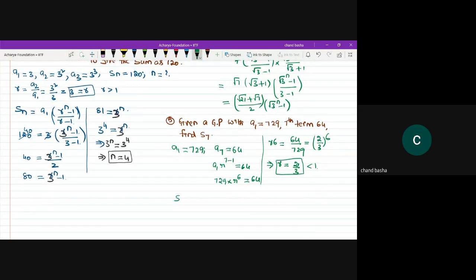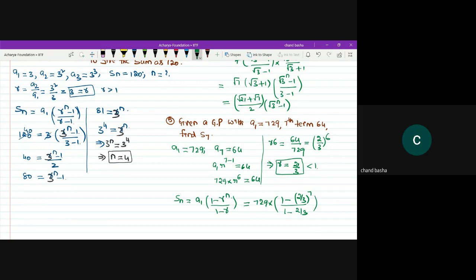So we know that Sn is equal to A1 into (1 minus r power n) divided by (1 minus r). This is equal to 729 into (1 minus (2 by 3) whole power 7) divided by 1 minus r, which is 2 divided by 3.